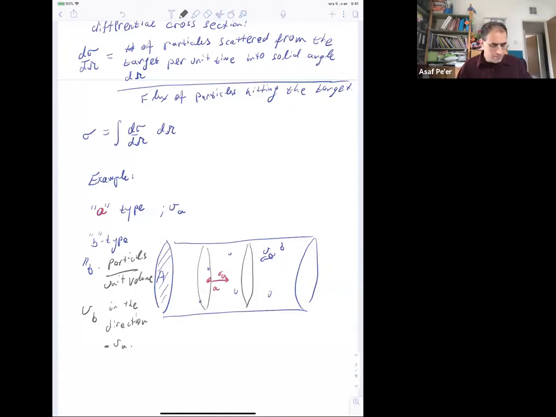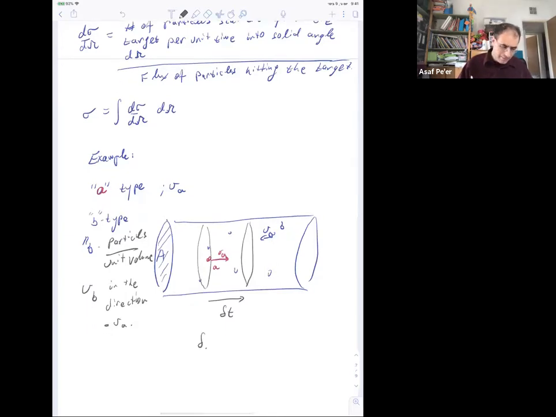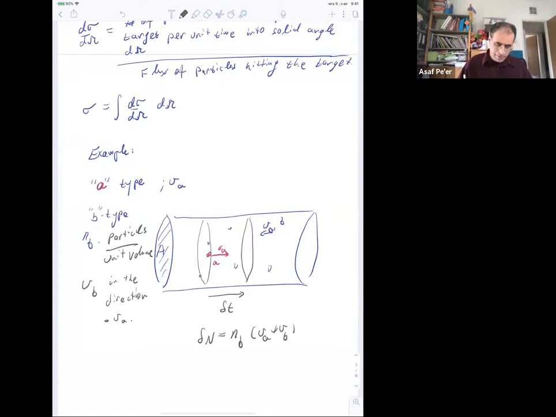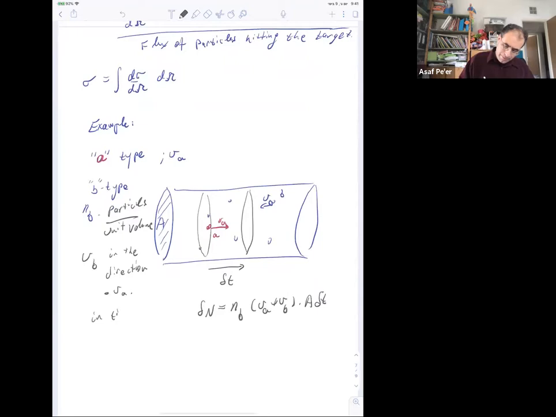So in time delta t, the particle of type A traverses a region where there are delta n, which is just NB times VA plus VB times A delta t, particles of type B in time delta t. We have delta n particles of type B.